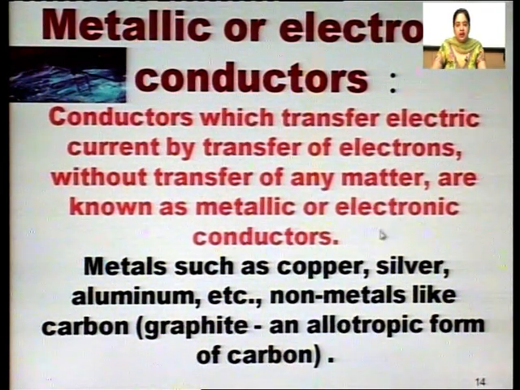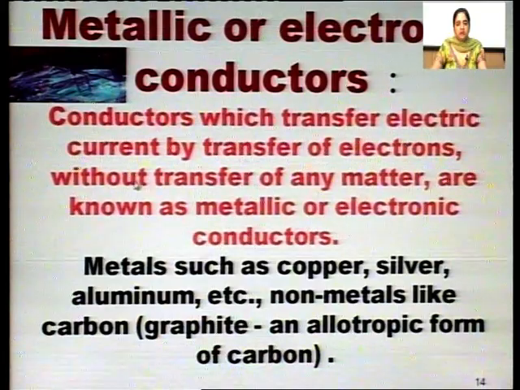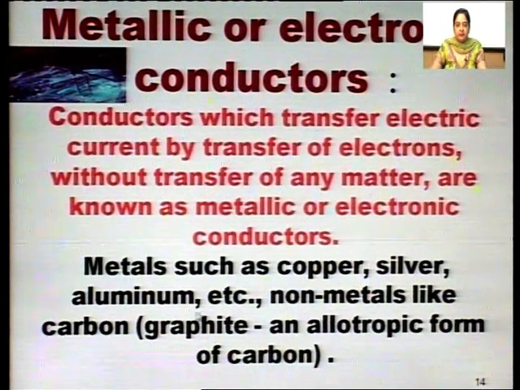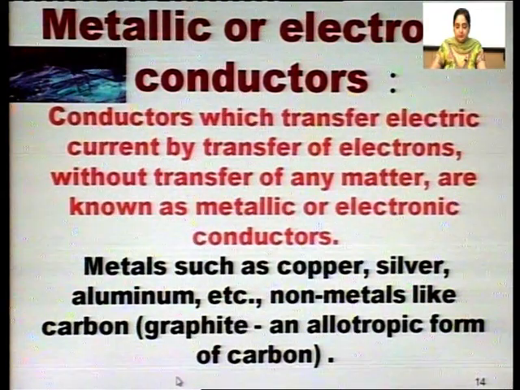Metals such as copper, silver, aluminium, etc. Non-metals like carbon and graphite, which is an allotropic form of carbon.